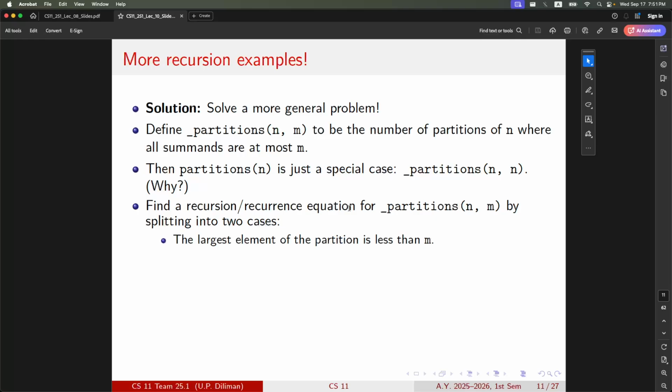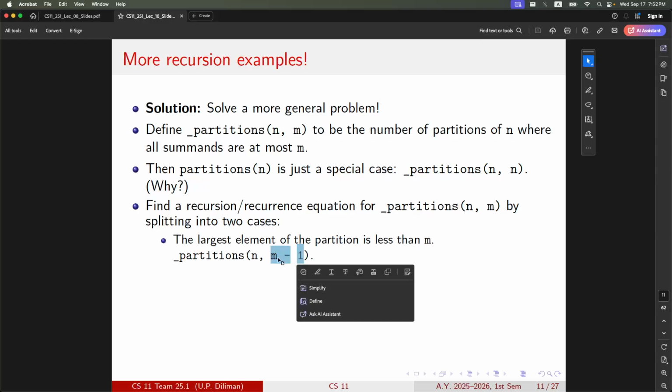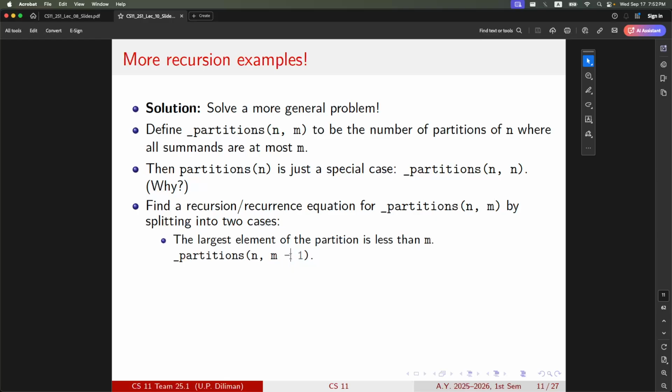We can choose the largest element of the partition to be less than m. So that means we don't use m in our current partition, so we skip m. So set m to m minus 1 and n remains the same. So this is a sub-problem.